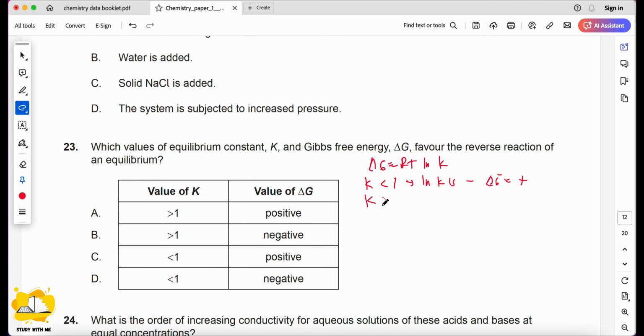If K is bigger than 1, ln K will be positive and then delta G will be negative. So therefore the value of K smaller than 1 will give delta G positive.